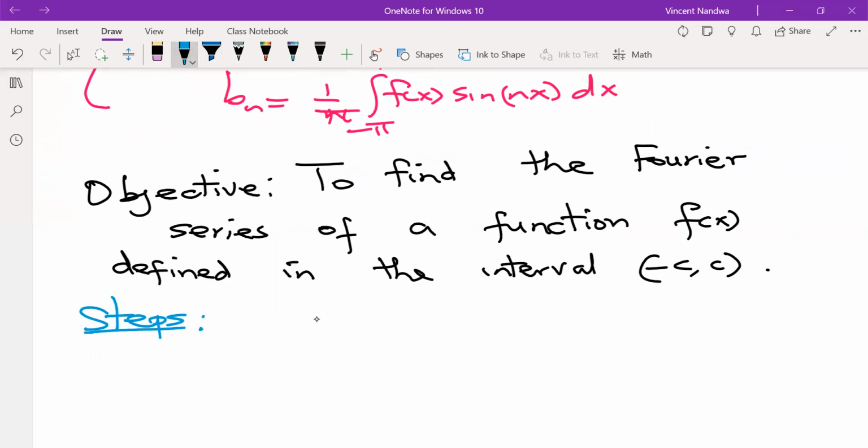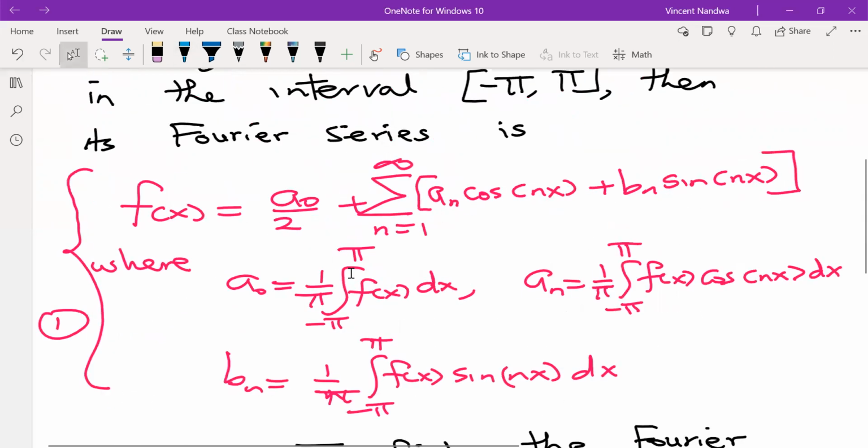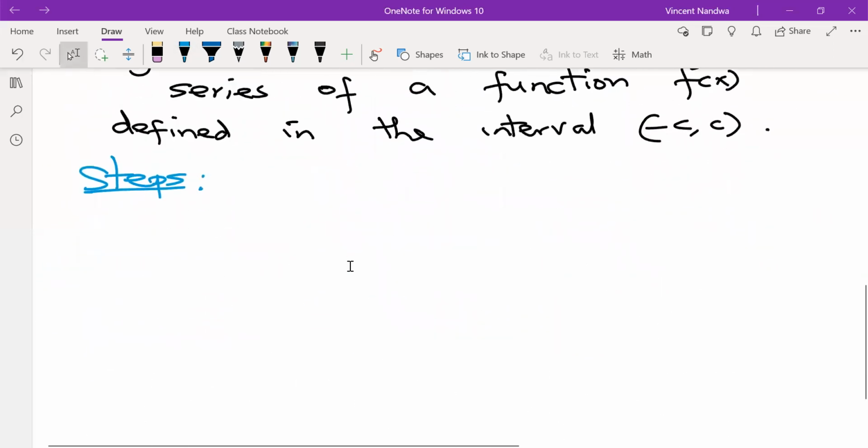So the first step that we have to follow is to transform the function so that it gains a period of 2 pi, so that we can use formula 1 to get its Fourier series.